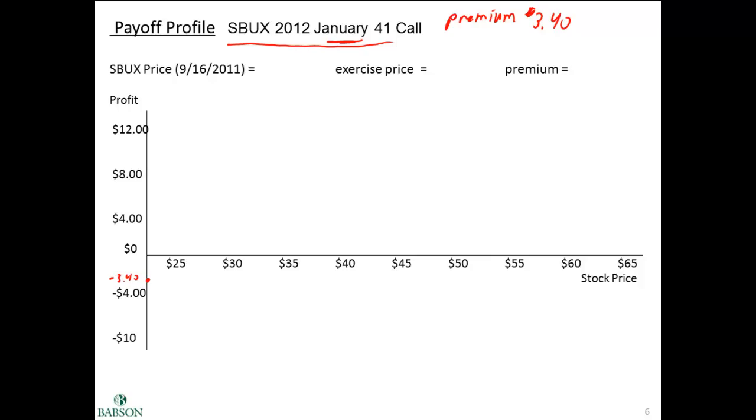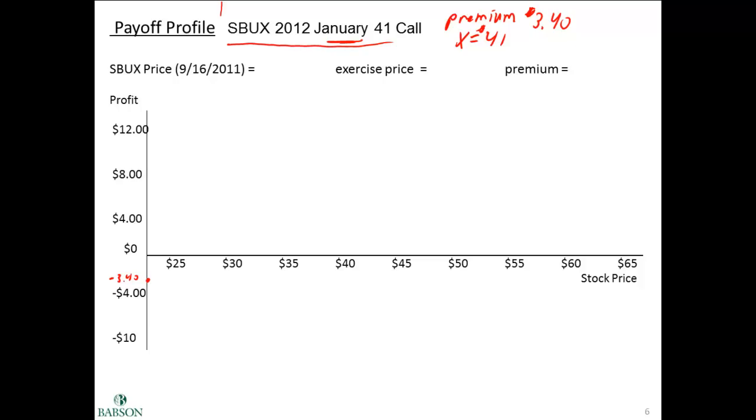So let's think about this for a second. Again, you have the right to buy Starbucks stock for $41. So what happens if, and it's currently September, so you go to sleep for 4 months, and you wake up, and it's January, and you look at the quote sheet, and you can buy a share of Starbucks for $25 on the open market.